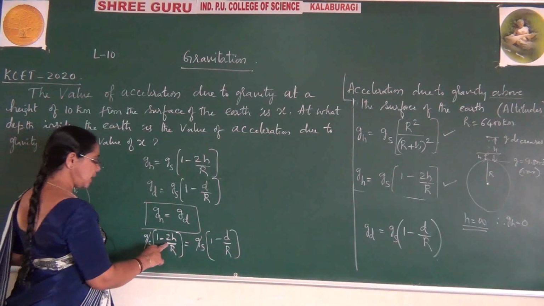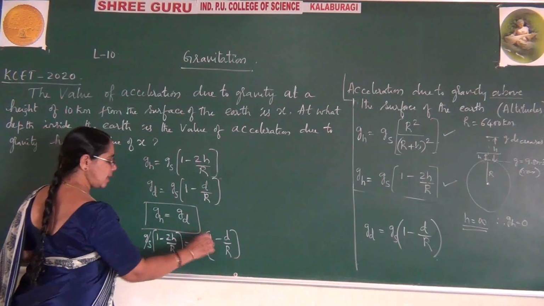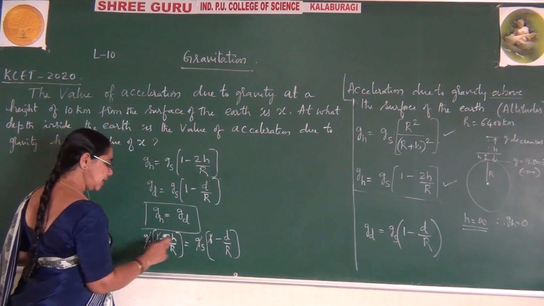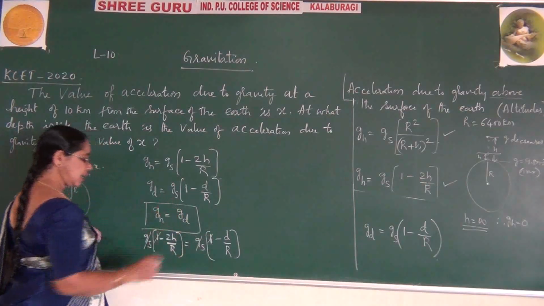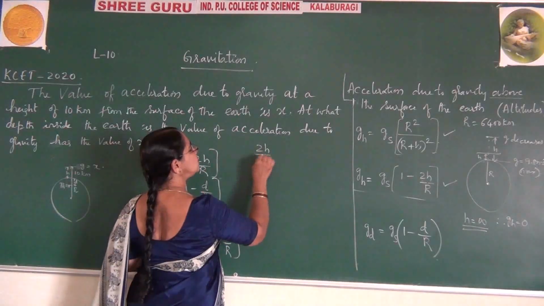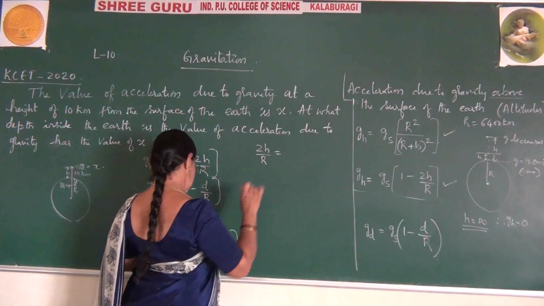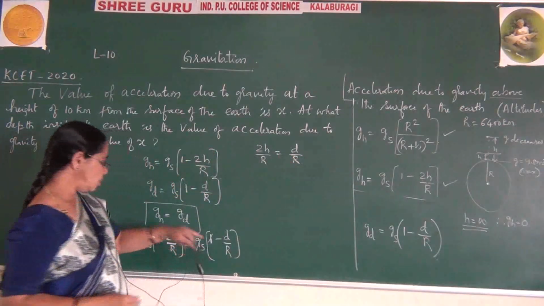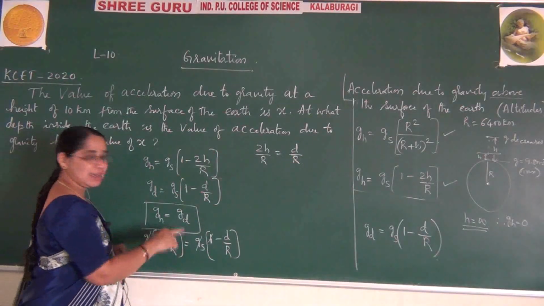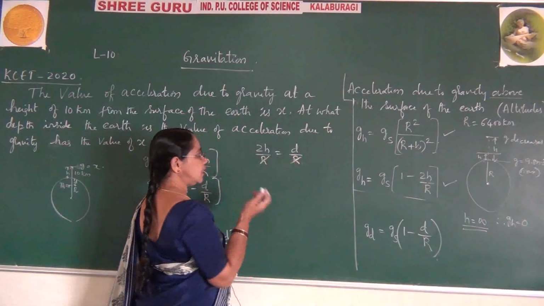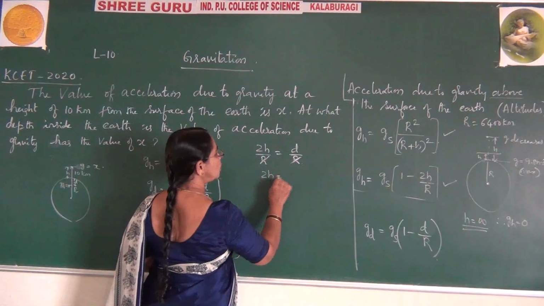The 1 and 1 get cancelled, and the minus and minus also get cancelled. So what is left out is 2h by R is equal to d by R. The R and R get cancelled. Again you get 2h is equal to d.